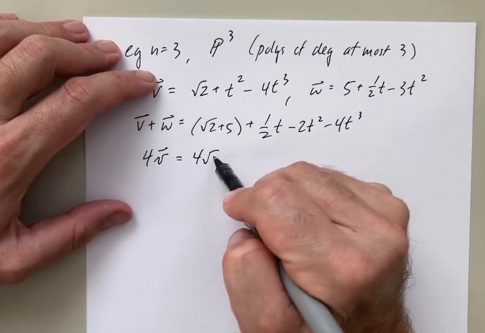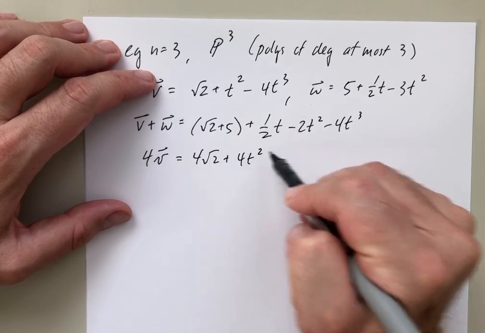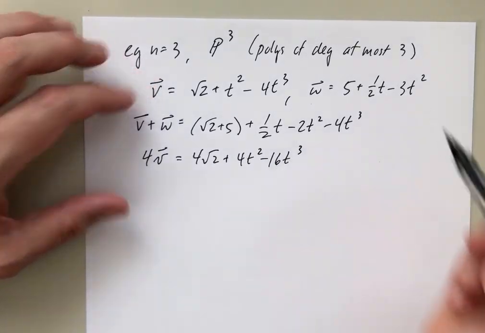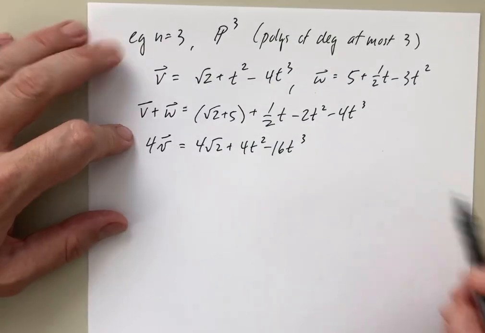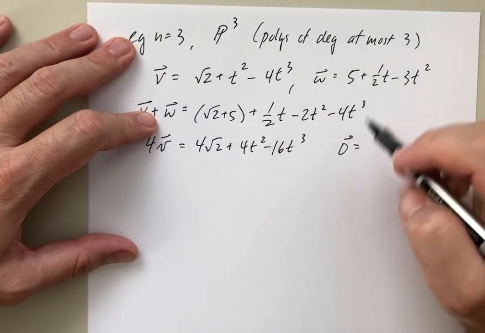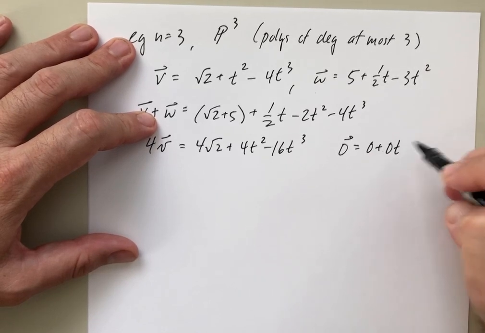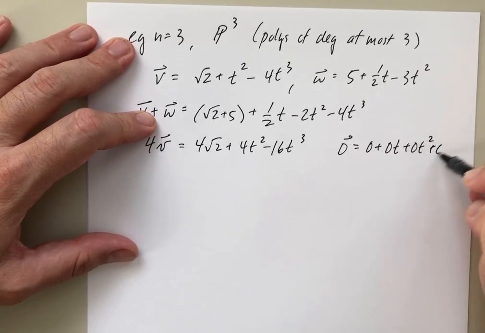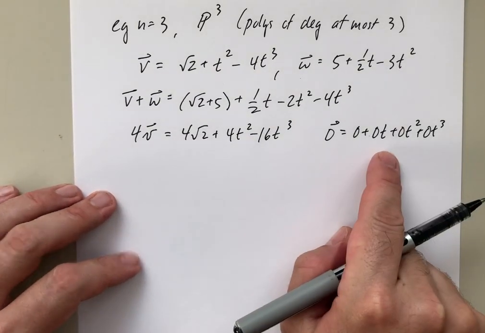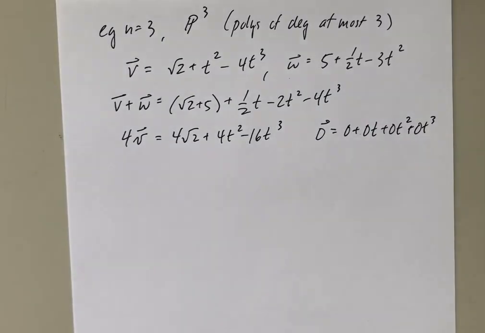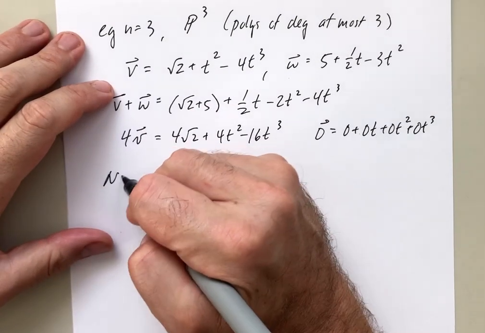That'll be 4 root 2 plus 4t squared minus 16t cubed. Okay, so that's what I mean by vector addition and vector scaling. And then the 0 vector, of course, in this case, we're degree at most 3. So I take a polynomial that has, well, it's kind of a silly thing, but it's a polynomial that has 0 as every coefficient.